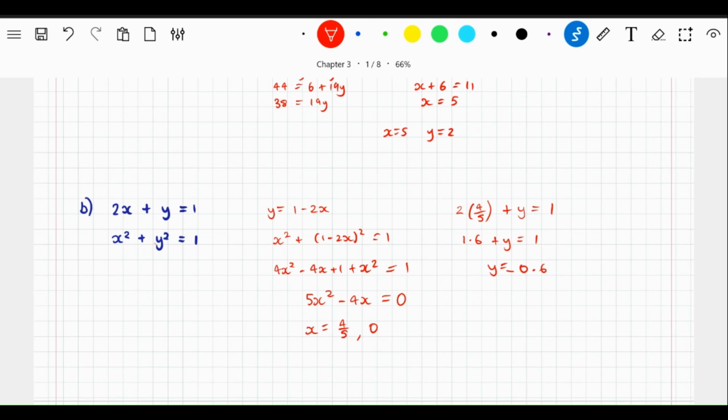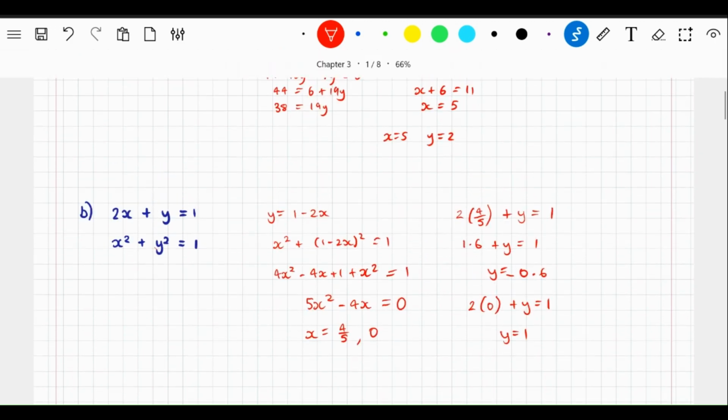But we can also do 2 times 0 plus y equals 1, which basically means that y can equal 1. So we have two options then.